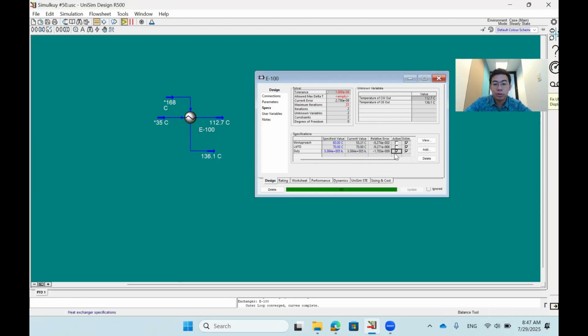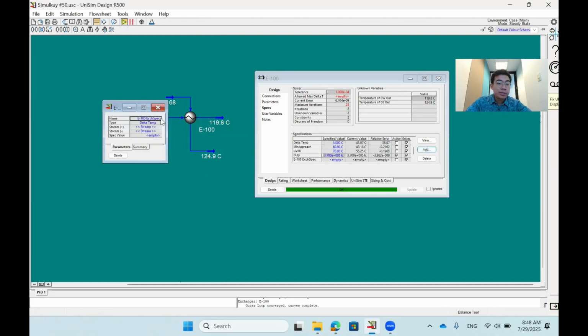So for example, if I want to make the duty higher, 3.54E5, I will get this result. 3.7E5, I will get this result. So I will have a more cooling effect in the hexane, but my cooling water temperature will increase.